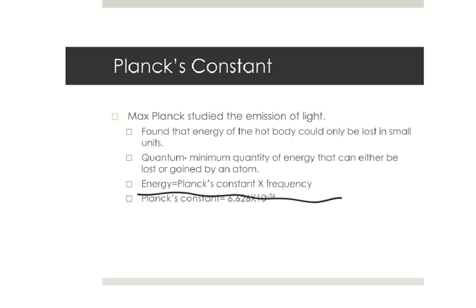So, the photoelectric effect. Again, the photoelectric effect is the phenomenon that occurs when light shines onto a metal surface and causes the ejection of electrons from the metal. What happened here was that different colors of light were shone on a metal. Some of those colors bounced off and some of those colors did not.